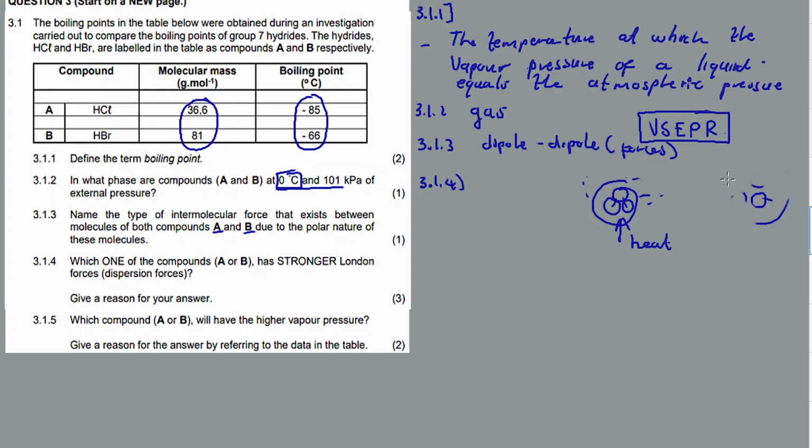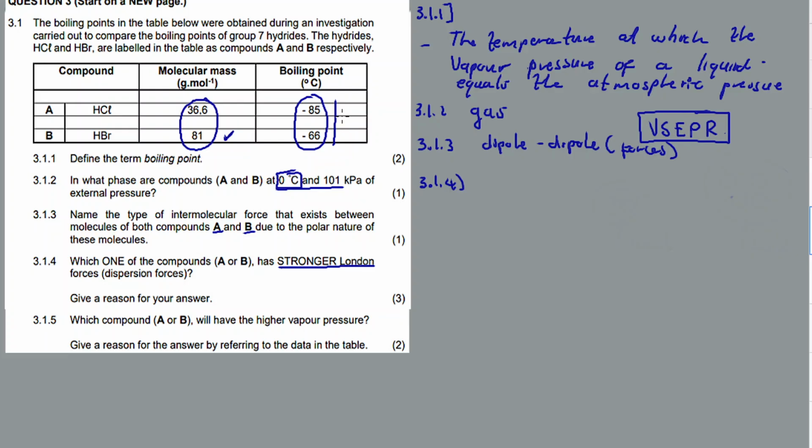So the higher the boiling point, the stronger the intermolecular forces, right? You can also explain it this way: the one with the higher molecular mass will have strong intermolecular forces. You can look at molar mass: the higher the molar mass, the stronger. There's a direct proportion relationship between the strength of intermolecular forces and the boiling point.